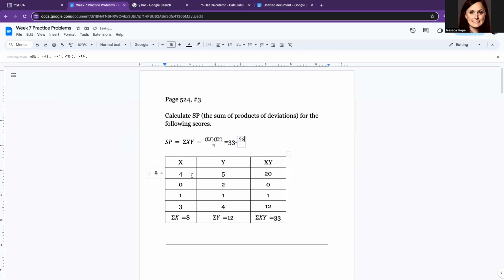N is going to be the number of scores, so 4, because it's 4 sets of scores. Okay. So it's going to be 33 minus 96 divided by 4, which is 24. So the answer is 9. And so SP equals 9.